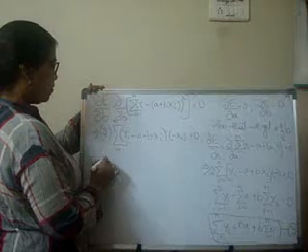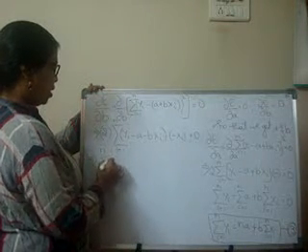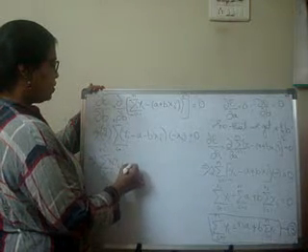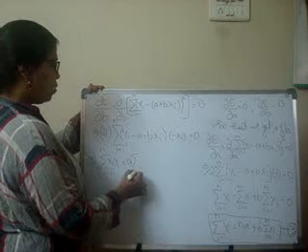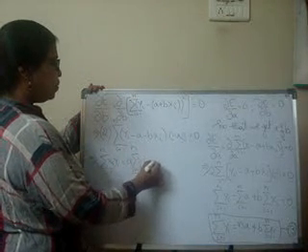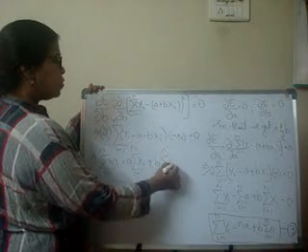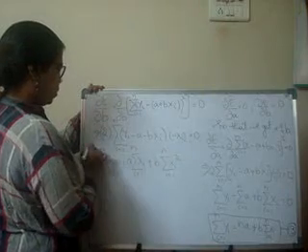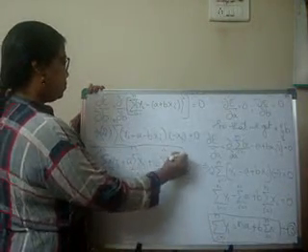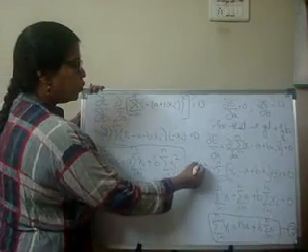That implies summation over i from 1 to n of xi yi is equal to a times the summation of xi plus b times the summation of xi square. So this would be your equation number 4.